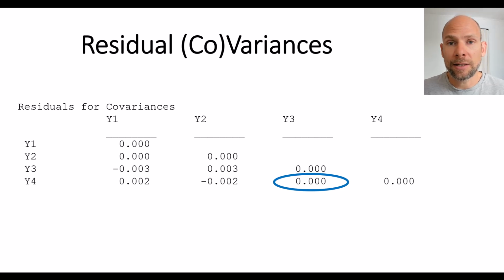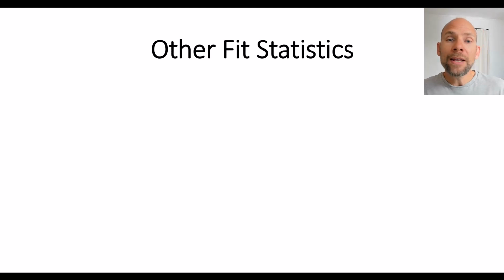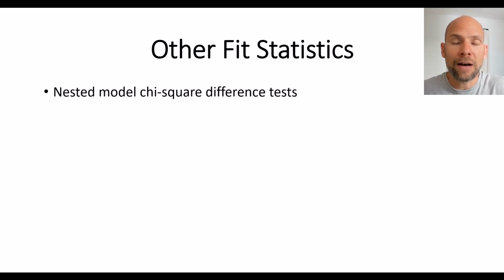It doesn't show misfit, but there may be other reasons to prefer a different model other than based on those fit statistics. Now, there are other or additional ways to assess model fit. One is when you have multiple models and when the models are nested, you can use so-called nested model chi-square tests. I have a separate video on this channel on how to do that, so feel free to check that out as well.